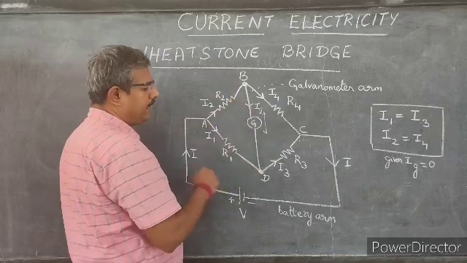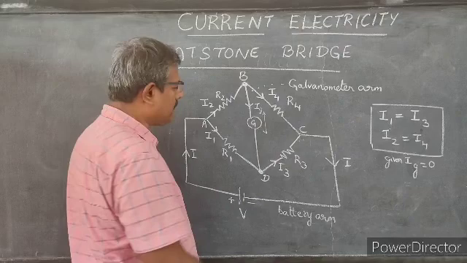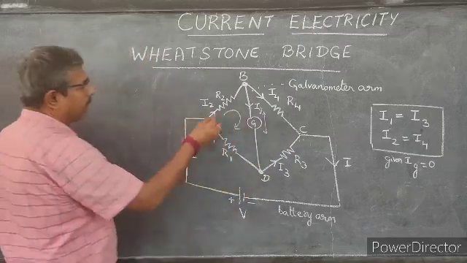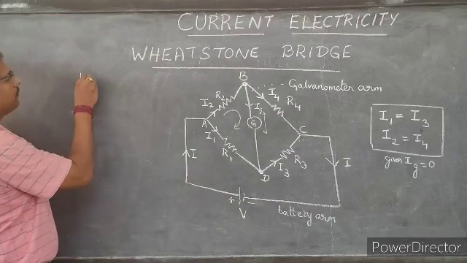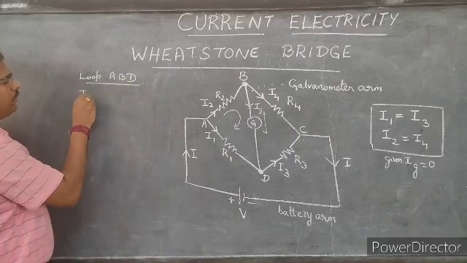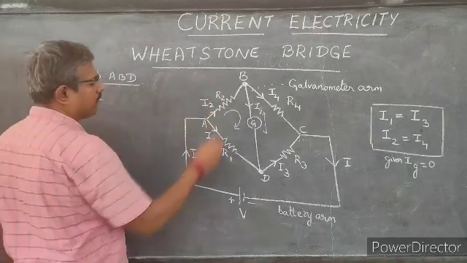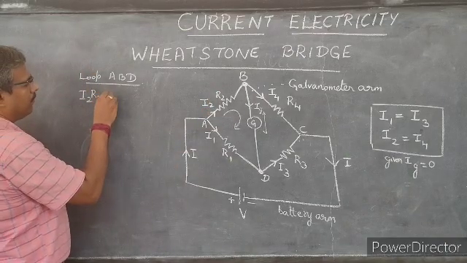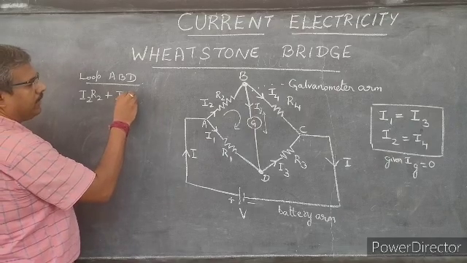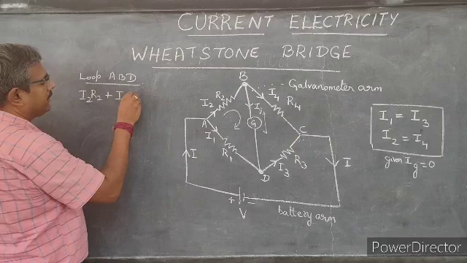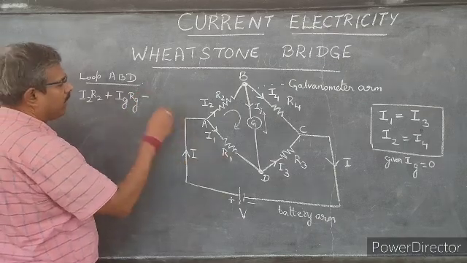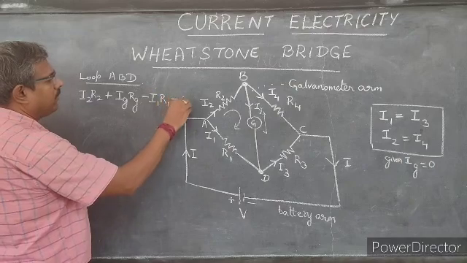One loop is A, B and D, the other loop is B, D and C. If I consider the conventional direction to be clockwise here, then applying it to loop A, B, D, I get I2 R2, because it's in the direction of the flow of current, plus Ig into the resistance of the galvanometer, so let me take it as Rg, minus I1 R1, to be equal to 0.